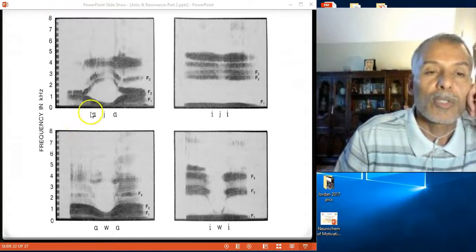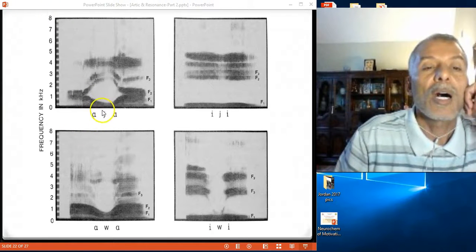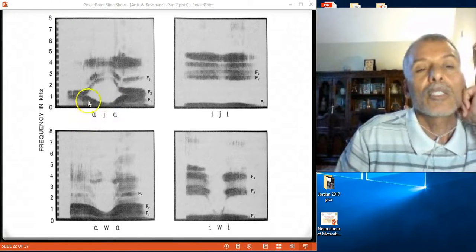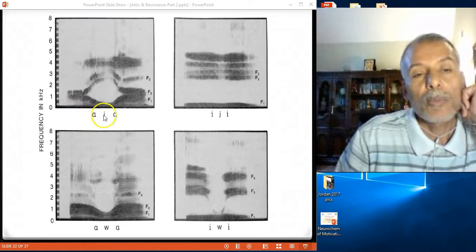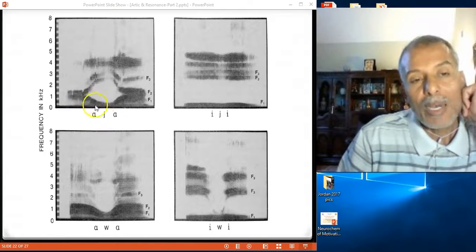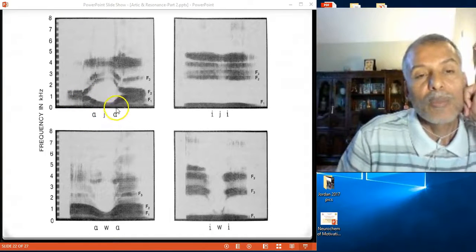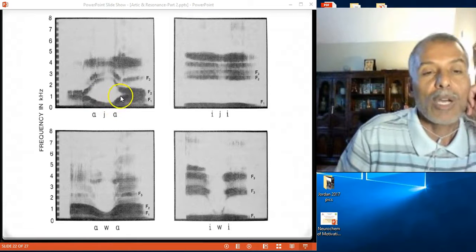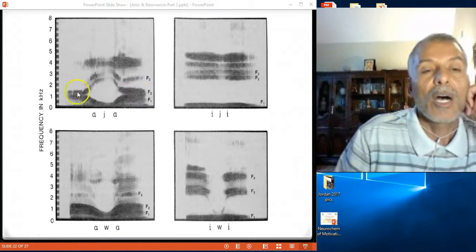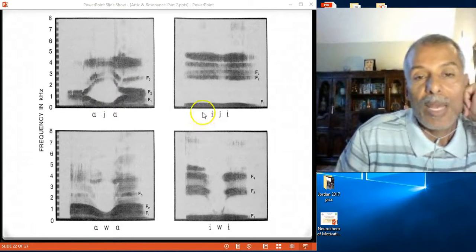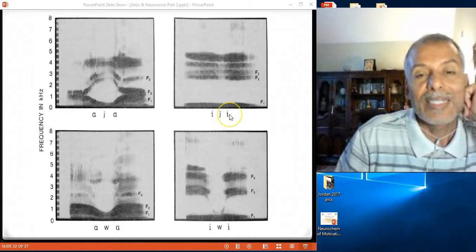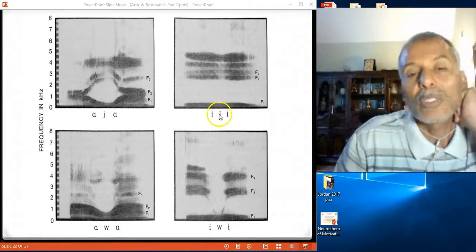So you can see when I say, for example, "aya," you start with 900, and as you approach the "ee," you dip down because the "ee" is 300, and then move again to "ah," you rise gradually to 900. And when you put the "ee" and y together, you basically notice no difference.